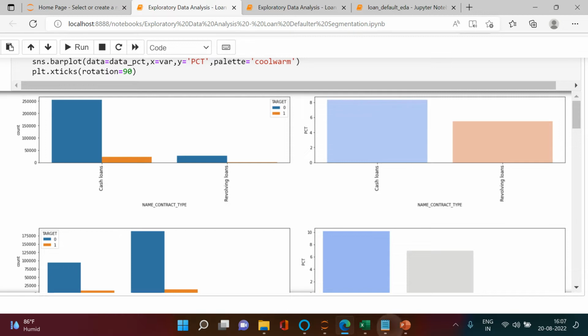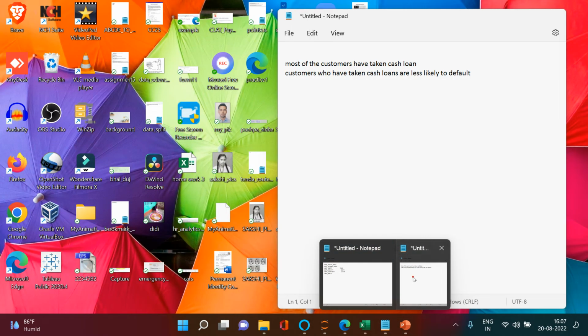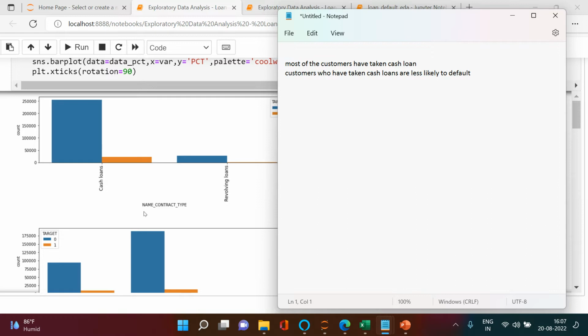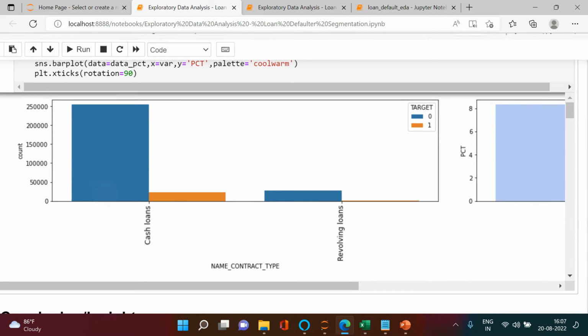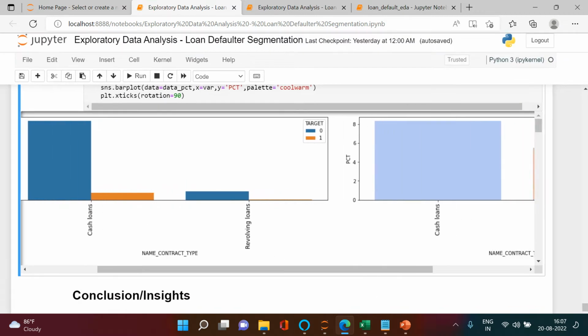If you remember, previously we had done the analysis for name contract type, which is nothing but the loan type, and we wrote our observations. The same thing we're going to do for all of the remaining variables.